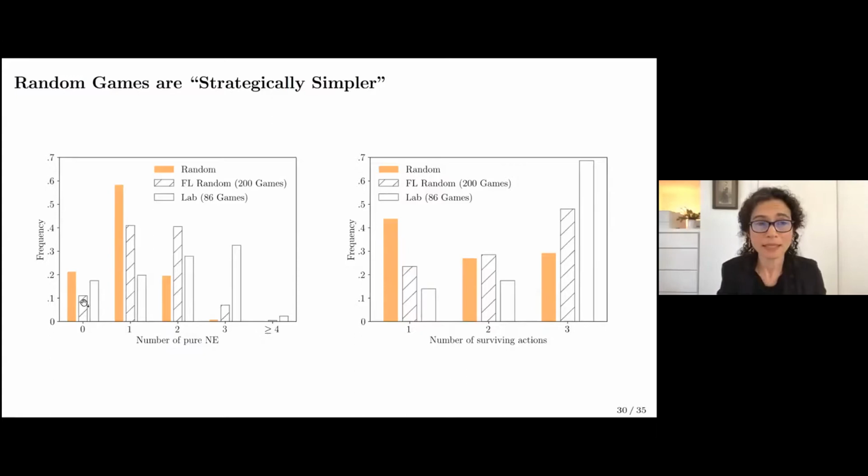And the dashed lines correspond to Fudenberg and Liang random games, and the white blocks correspond to these 6 various experiments and 3x3 symmetric games. And we see far fewer pure Nash equilibria, and we also see fewer number of surviving actions. So in many ways, our games are simpler.